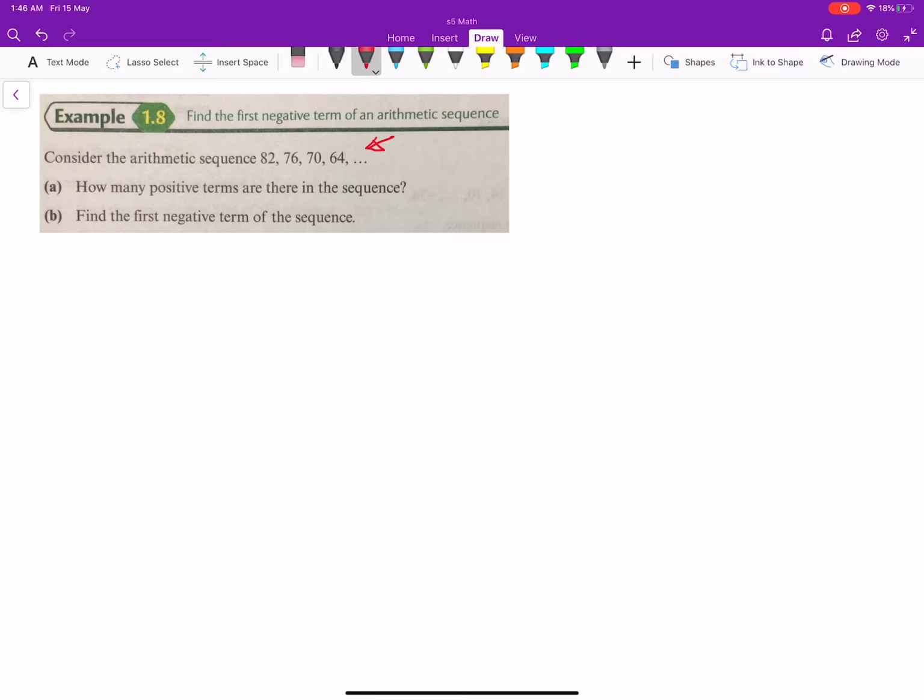You get 82, and then you get 76, 70, 64, and then the numbers keep decreasing, right? So there must be a time that the term will change from a positive number to a negative number, right? So we are going to find that.